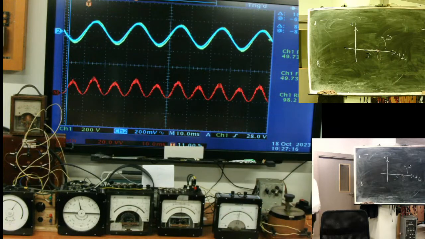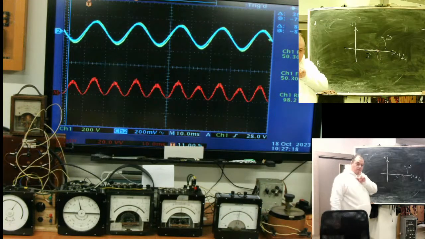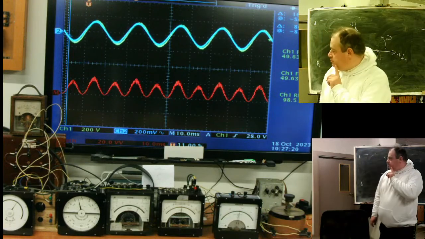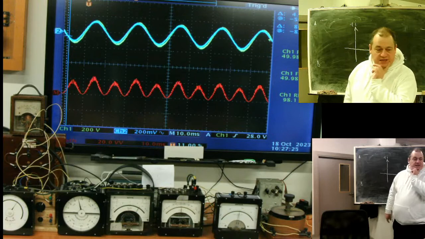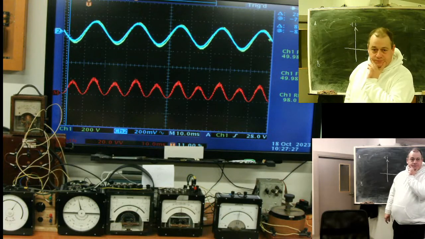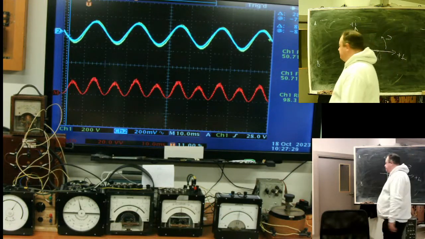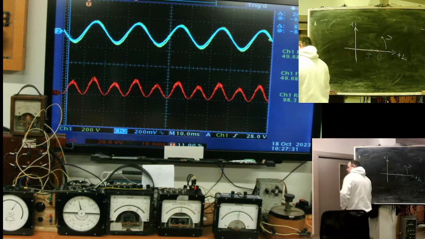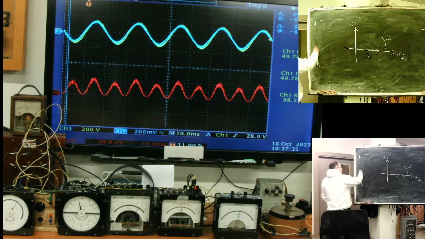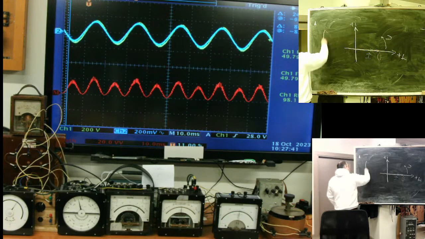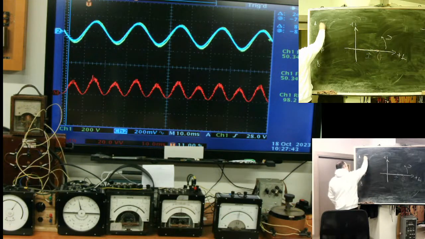Now, what about power? You see, the red line is the instant power. What will it be if we integrate the multiplication from 0 to period?